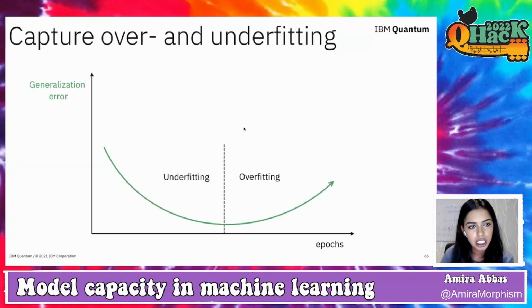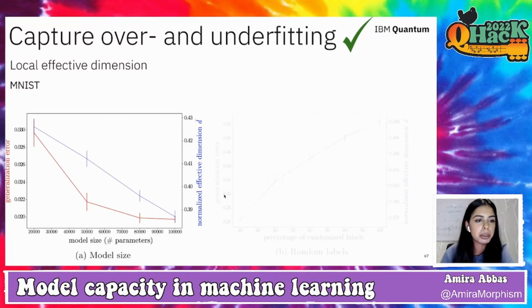So that's good. And now the last thing is to show that this local effective dimension can capture this over and underfitting behavior, right? Remember I mentioned that there are different experimental setups that one can embark on to try and actually force your network to overfit, and see whether your capacity measure actually reflects this. So these are some experiments that we did, and what you're seeing in the red curve is generalization error. On the x-axis in this picture, you've got the size of the model, the number of parameters.